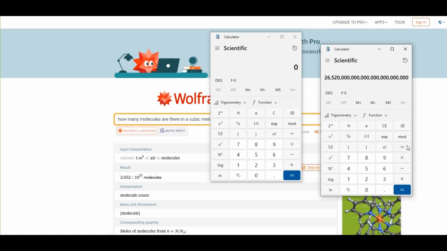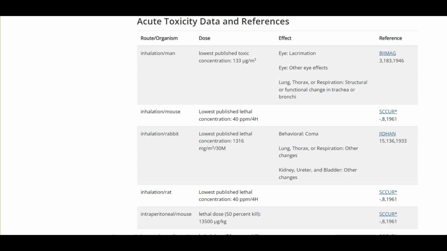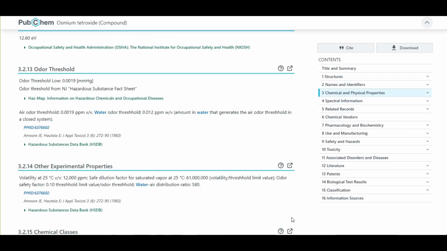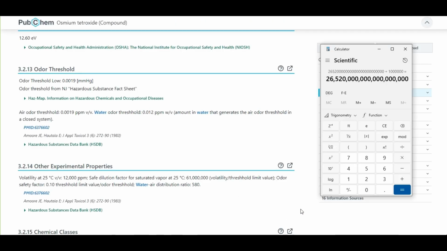Now we're going to divide this number by 1 million, because we're working with parts per million. We get that number. And now we are going to multiply this number by the value that was given, which is 0.0019.